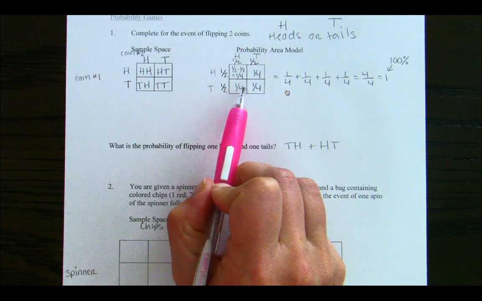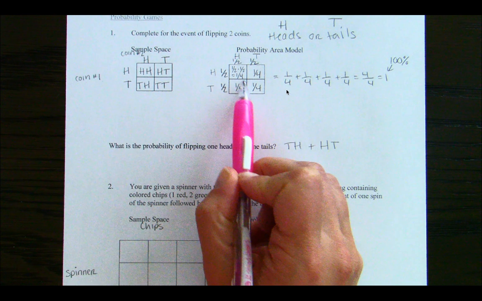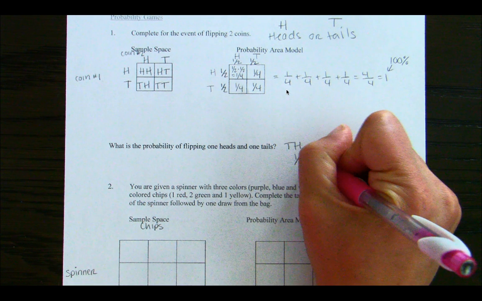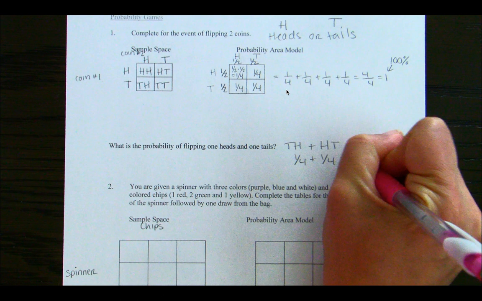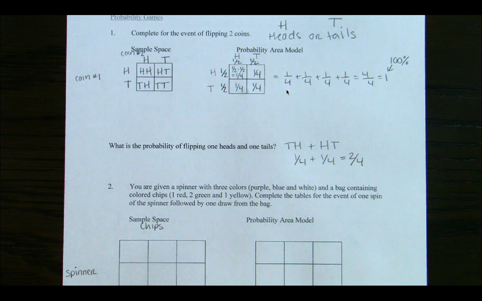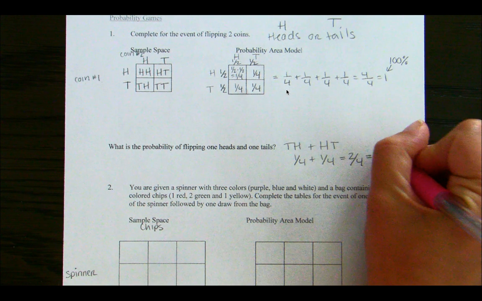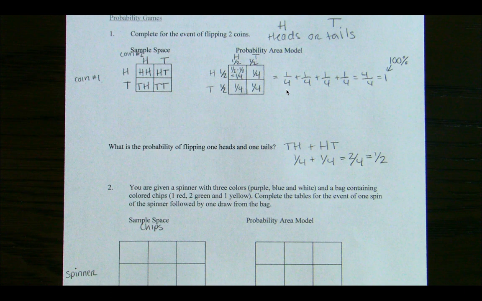If I go to my area model, I'm looking at 1/4 plus 1/4, which is 2/4. So my probability of flipping one head and one tail, not worrying about order, is 2/4, which is the same thing as 1/2. That's my probability if I flip 2 coins and get 1 heads and 1 tails, doesn't matter what order.